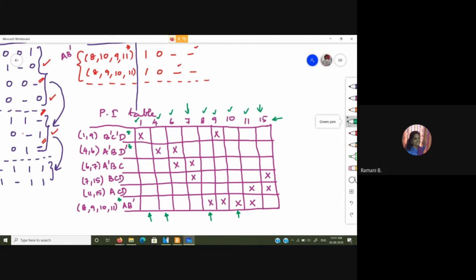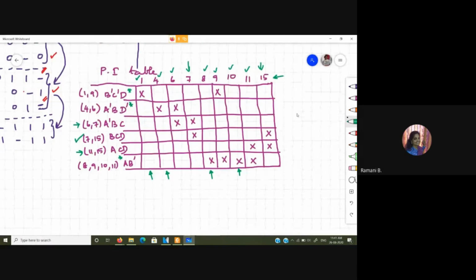If you think of taking 6, 7, 6 is already covered with this 4, 6. And if you think of taking 11, 15 to cover this 15, 11 is already covered by this term. So you are going for a redundant term and thereby increasing the number of terms. So the best call is to select the term 7, 15.